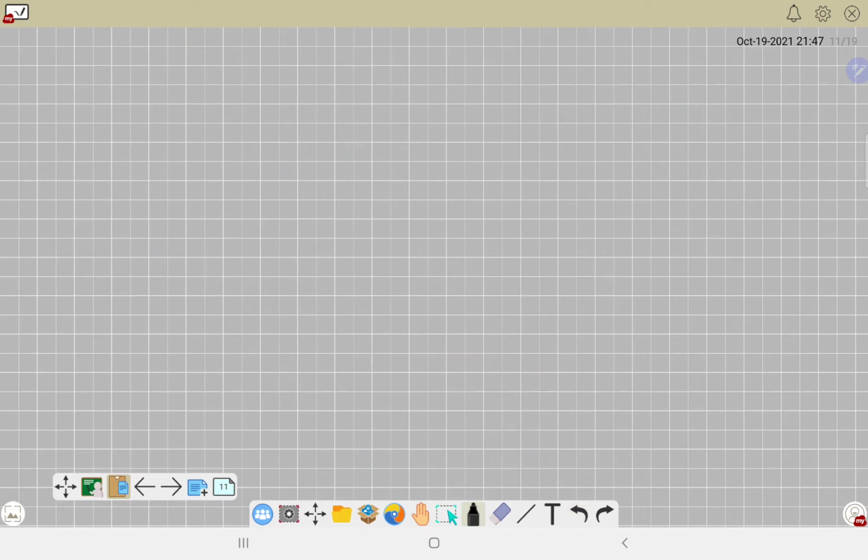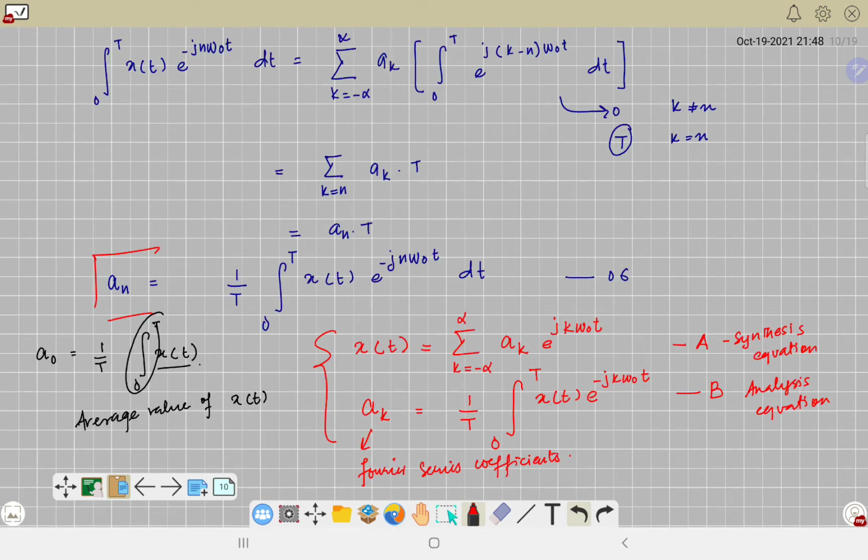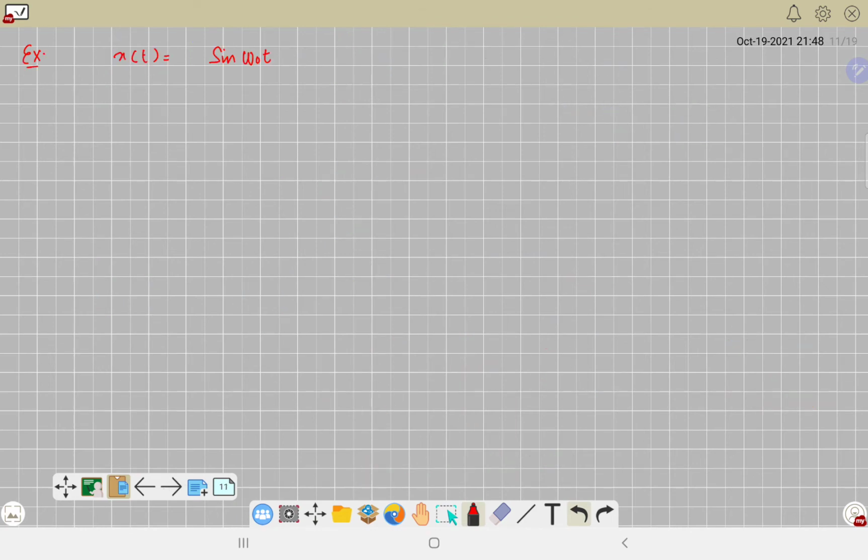So if I take a simple example, wherein I have the signal x of t, a pure sinusoidal signal, sine omega naught t. Omega naught is the fundamental frequency. And I'm interested in the coefficients. Now you can argue that I can use this equation and come up with the coefficients. But sometimes it is better to express the signal as a Fourier series, and you will get the components directly.